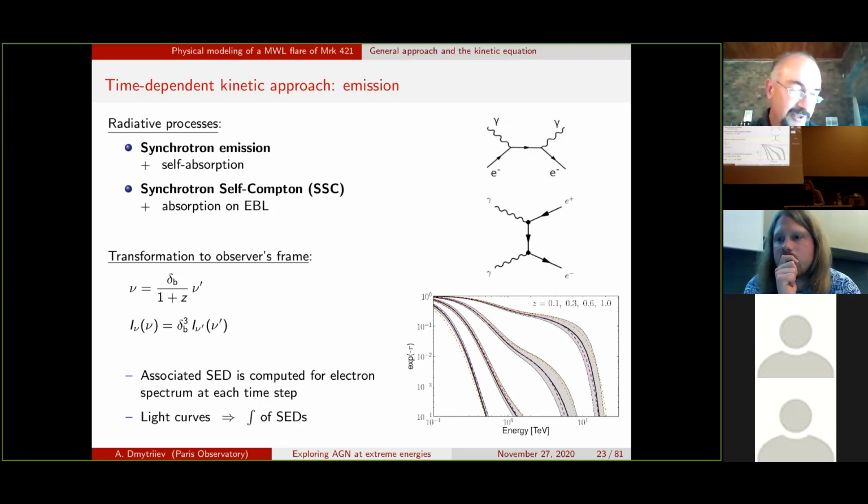Have you checked what the magnetization of your emission region is? What's the ratio of energy densities in magnetic fields to particle energy density? I didn't calculate it.